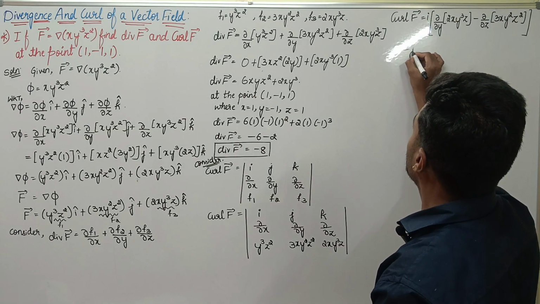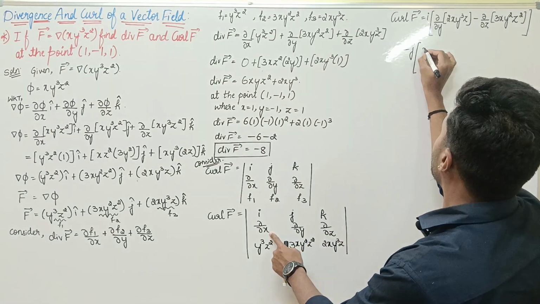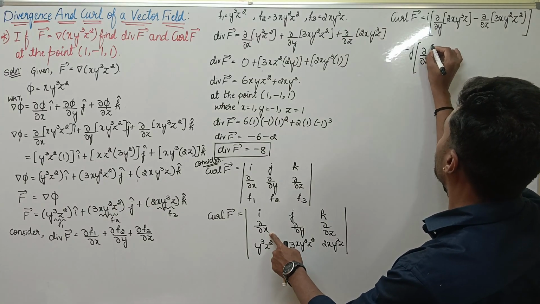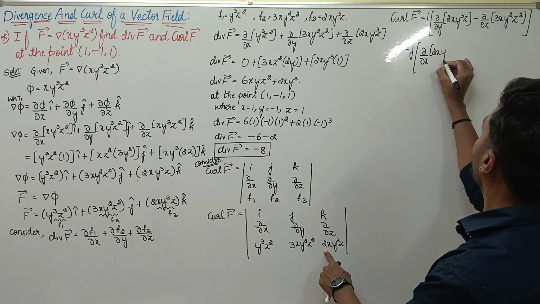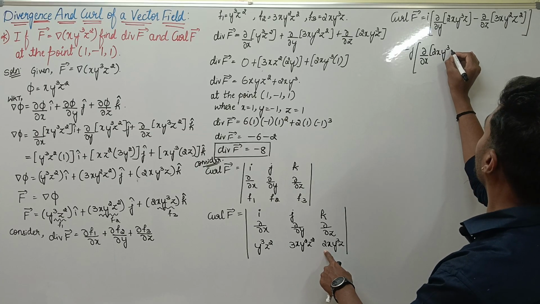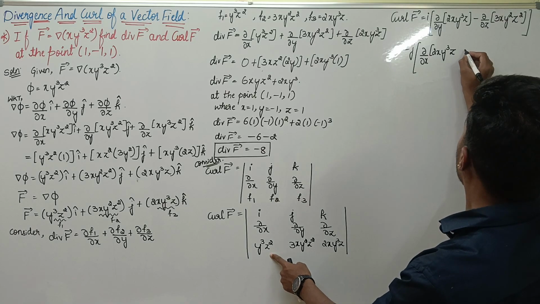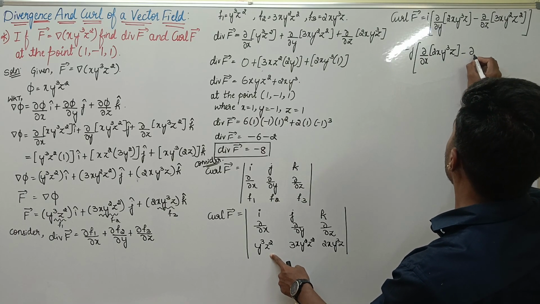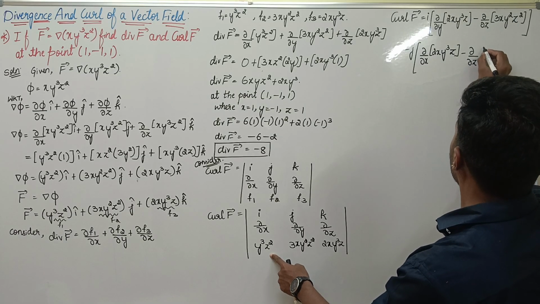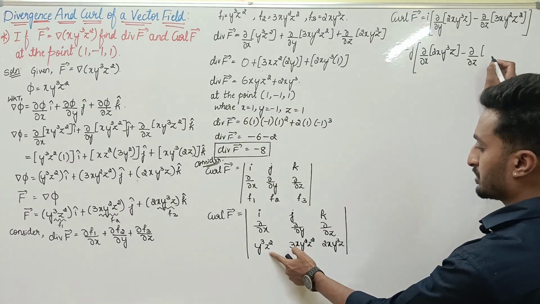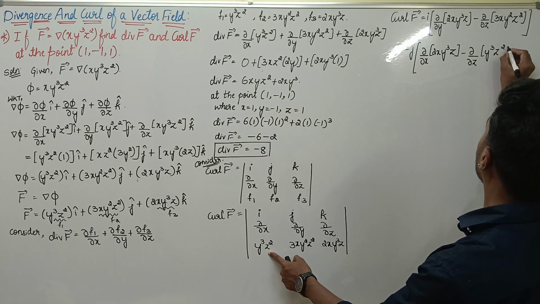Next comes minus j. Next ∂/∂x of 2xy³z, close the bracket, minus ∂/∂z of y³z².